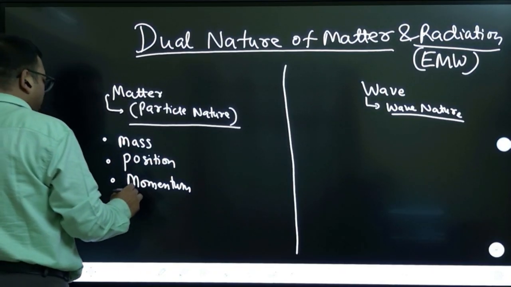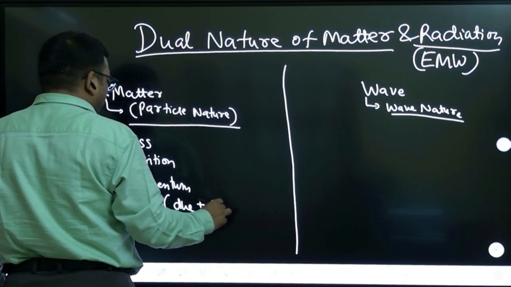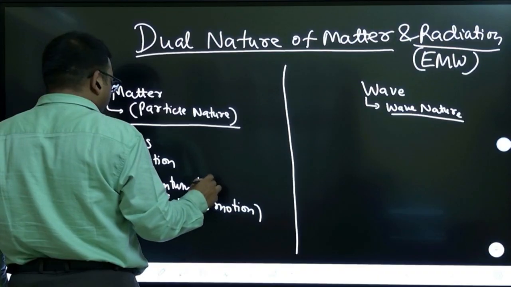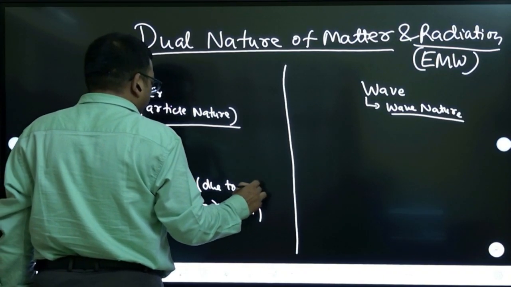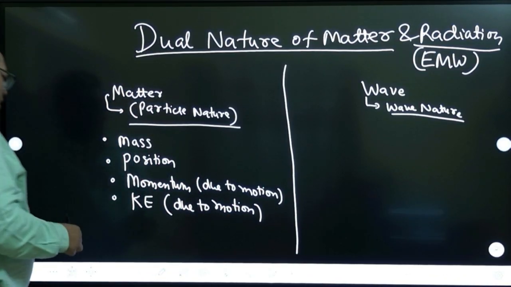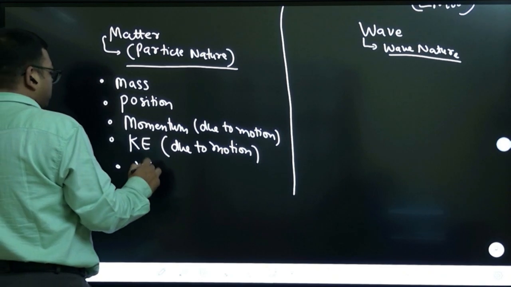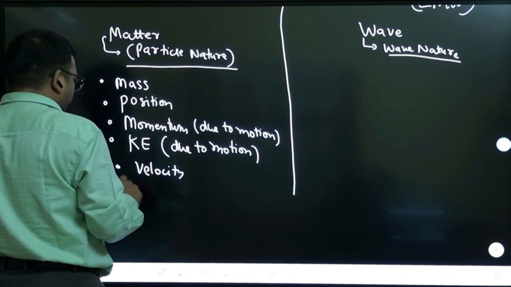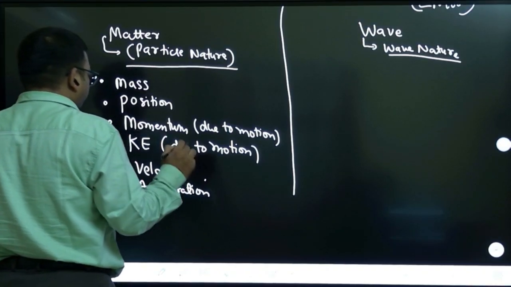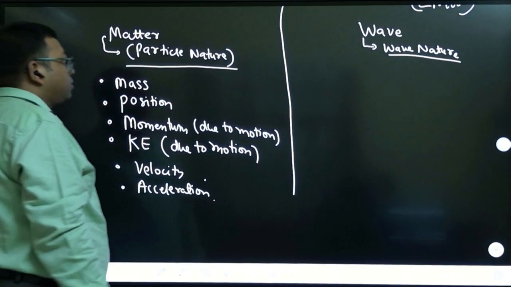If it is moving, it will have kinetic energy due to motion, and momentum will also be due to motion. So mass, position, momentum, velocity, acceleration also we can say.